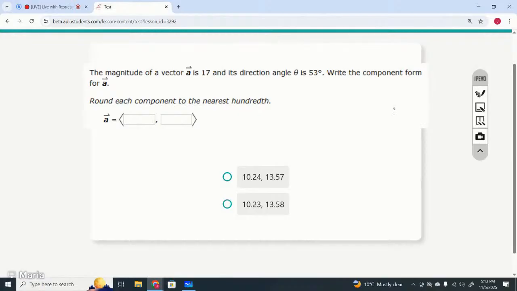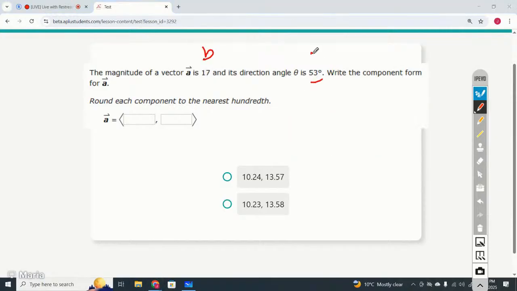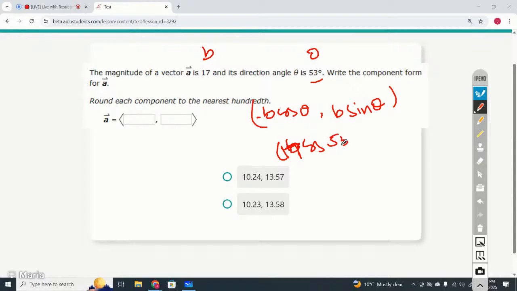So let's just evaluate b cos theta and b sin theta. B is 17, that is the magnitude of the vector, and theta is 53 degrees. So b cos theta and b sin theta are the components of the vector, the x component and y component, right? So for the x component, b is 17: 17 cos 53 degrees and 17 sin 53 degrees.